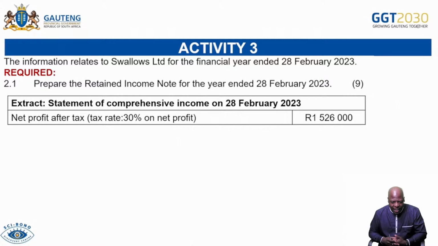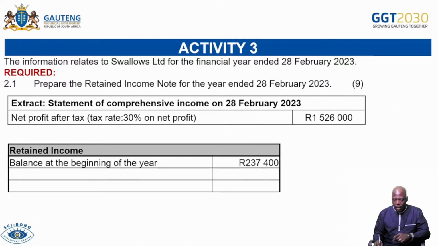The information relates to Swallows Limited for the year ended 20th February 2023. Retained income note again. Let's see what's unique about this one. Maybe there'll be something different. So, balance at the beginning of the year, given. What comes next?